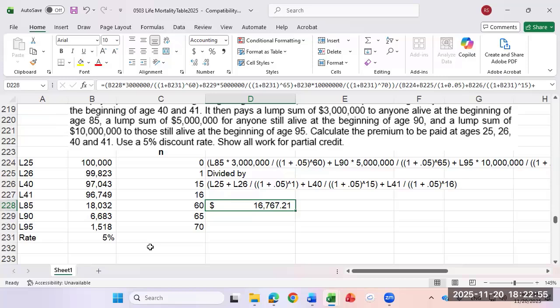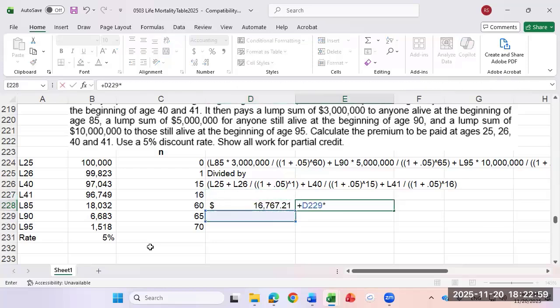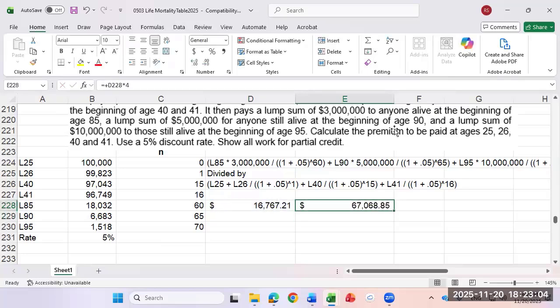Yet they have to risk losing 100% of this times 4. So they may make a $67,000 investment and they're going to lose 100%. But if they lived to 90, who else in the world can you invest $67,000 in to get a $10 million payoff guaranteed? There's not too many places, right?